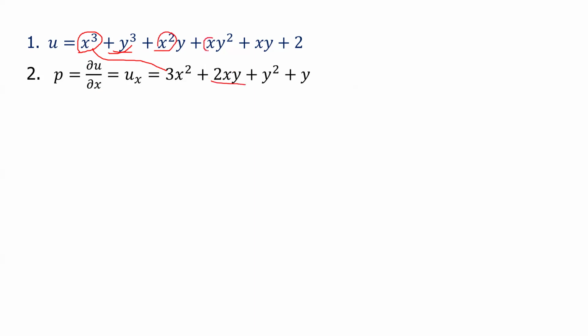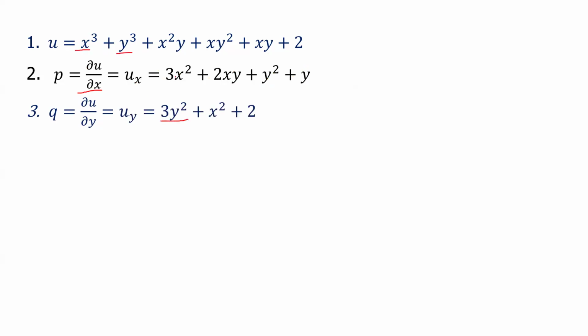Here derivative of x is 1, so we have only y square. Derivative of x is 1, so we have only y. This is the partial derivative of u with respect to x. Similarly, partial derivative of u with respect to y: this is 0, derivative of y cube is 3y square, this is x square, this is 2xy, and this is x, and this becomes 0.